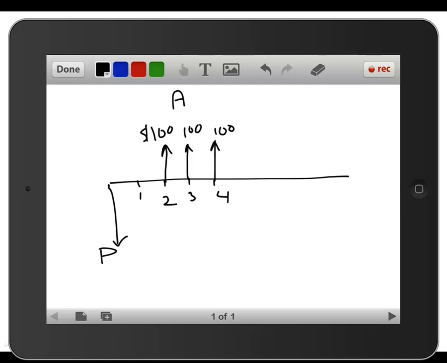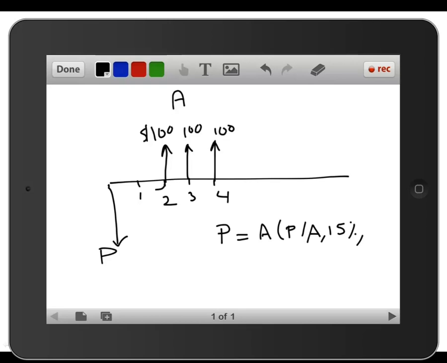Since this is annuity A, then I can use the formula that says P equals A multiplied by P given A with 15%. Now let's look at the number of periods.